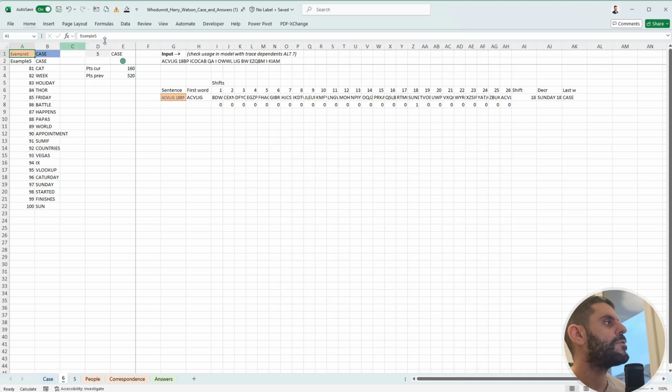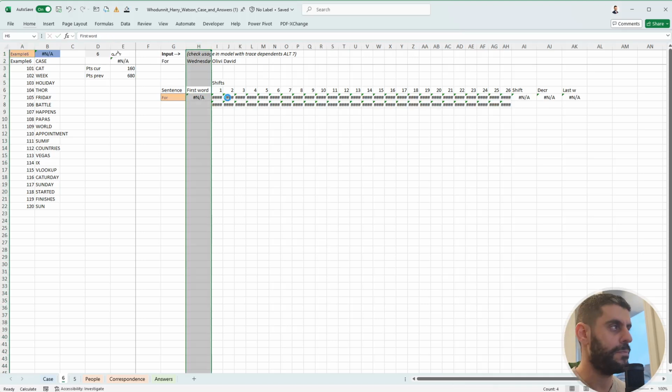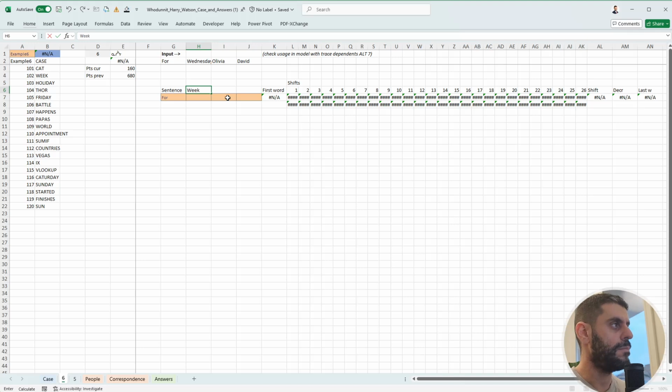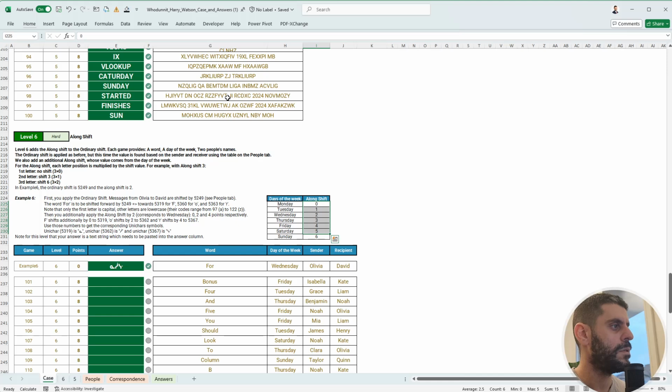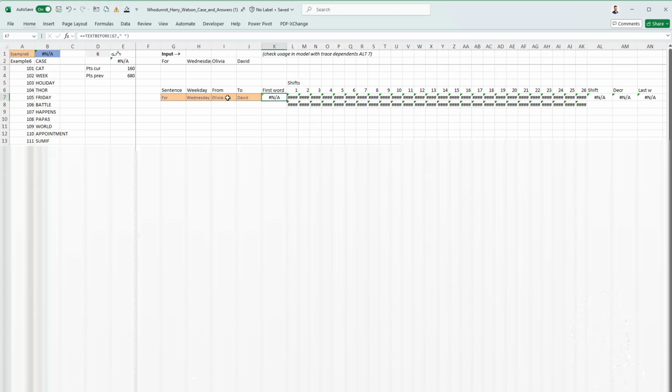on. So example 6, here you're given the weekday, and I think the from to, yes, sender recipient, and so those are the values.